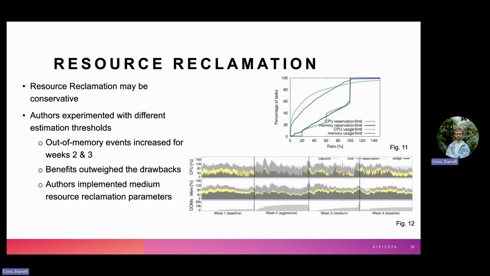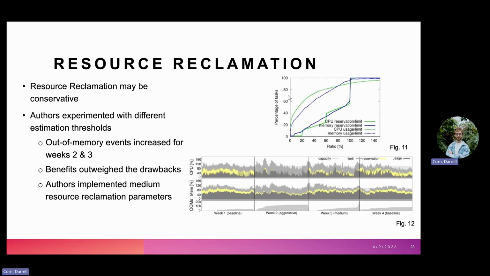So 50% means that the task only used half of what it asked, and 100% means that it used all the resources that it asked for. These dotted lines here, we can see that the CPU users sometimes go over the limit and use more resources than they requested, but the memory, the blue dotted line, hardly ever goes over 100% of what the users requested because Borg typically shuts those jobs down.